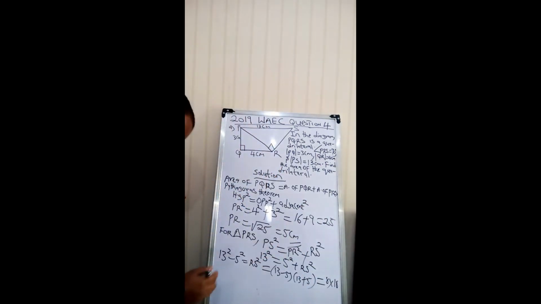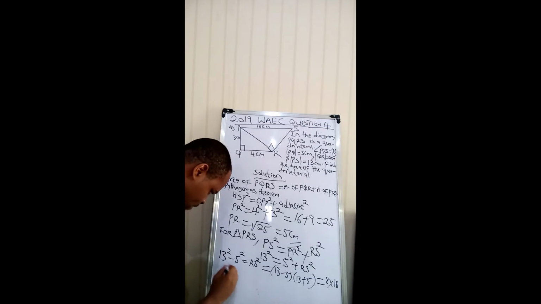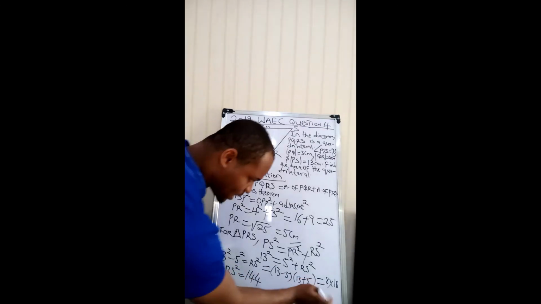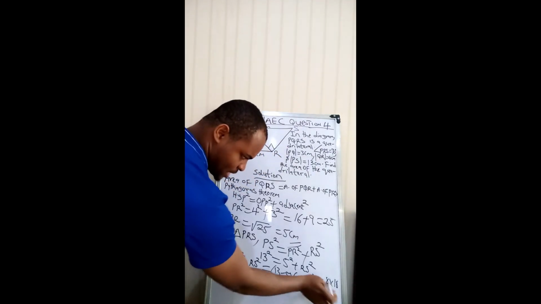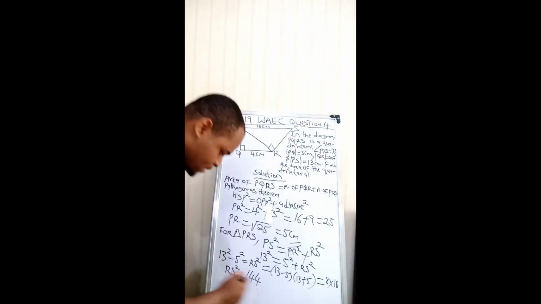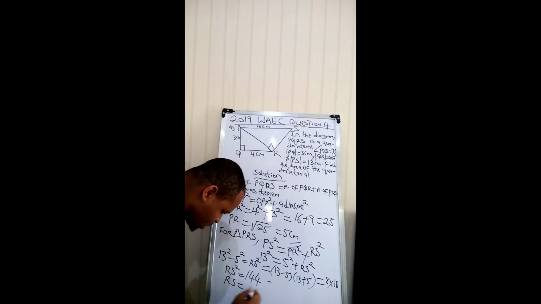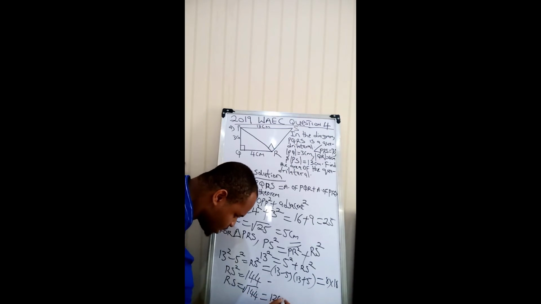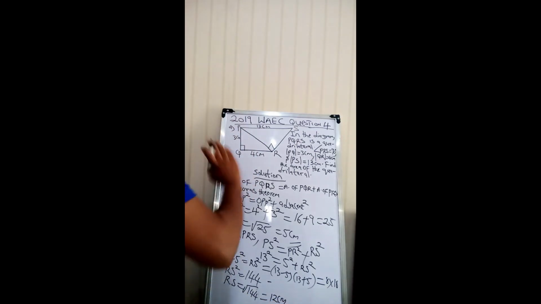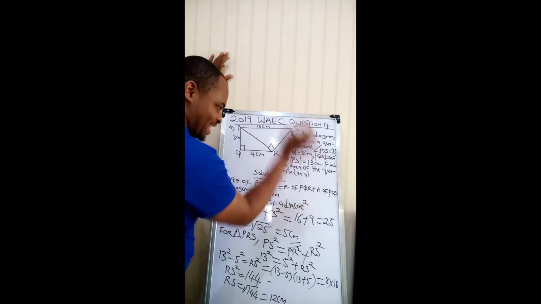If you multiply that, you'll have your RS squared equal to 144. So you take the square root. My RS will be equal to the square root of 144, which will give me 12 cm. Now I've gotten everything I need to calculate the area.